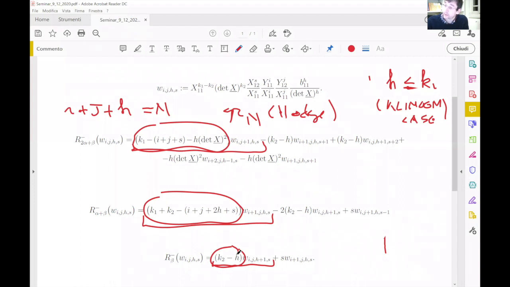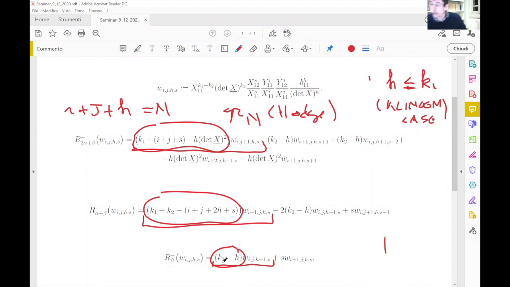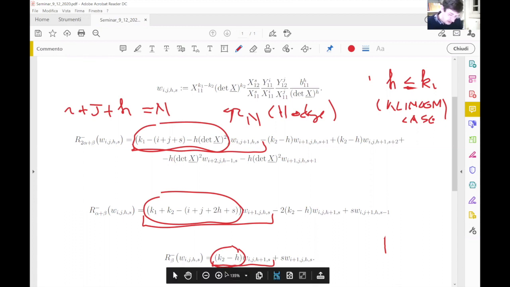And it allows you to compute the de Rham cohomology in terms of a very simple BGG complex, okay? Instead, if you are in the Klingen case, you have a rather different behavior, because since k2 is an integer, k2 minus H is not invertible anymore, as it was in the Iwahori case, where this coefficient became invertible on the fraction field of some affinoid of your weight space, and it actually vanishes exactly for H equal to k2.